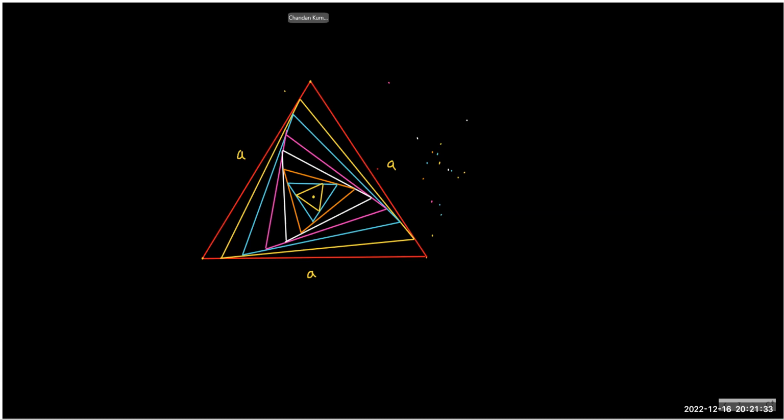And if you look at the path traced by every particle, this is the path traced. Do you see this path? The path traced by the particle.